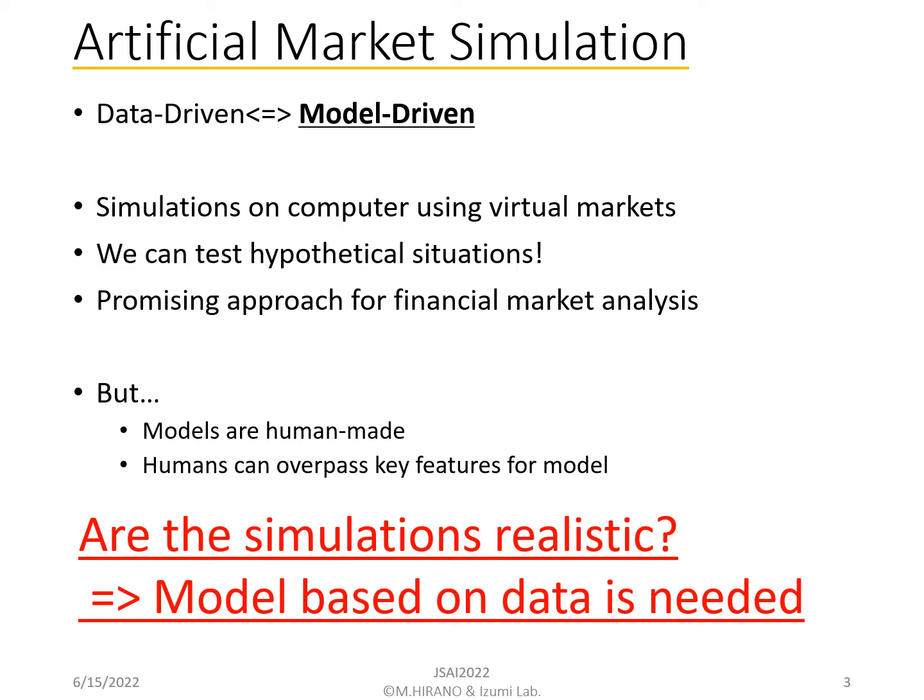Usually, models are human-made, so humans can overlook key features which have to be built into the simulation model. So I doubt whether these simulations are realistic or not. So I think a model based on data is necessary for this framework.